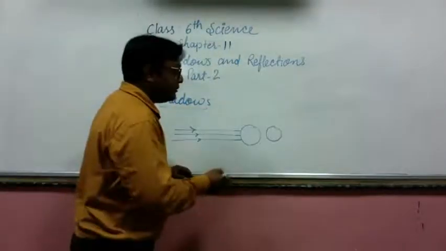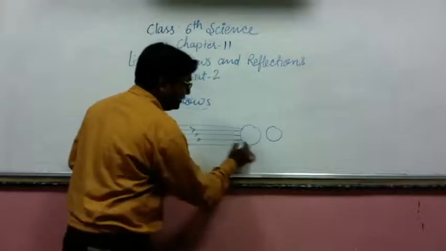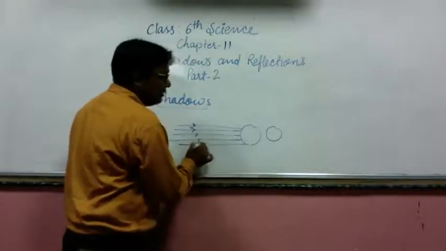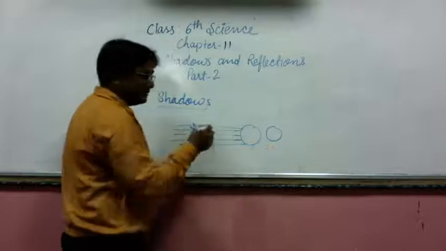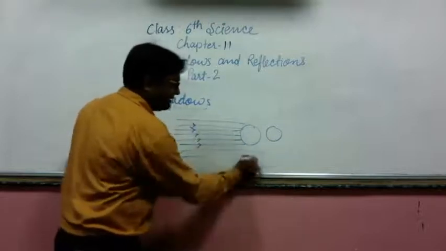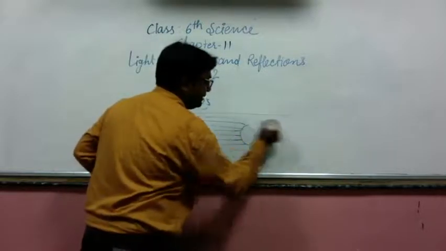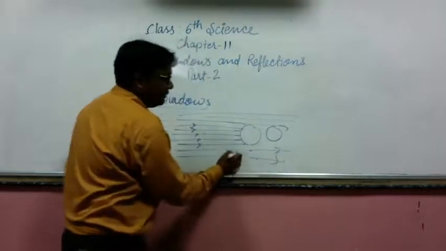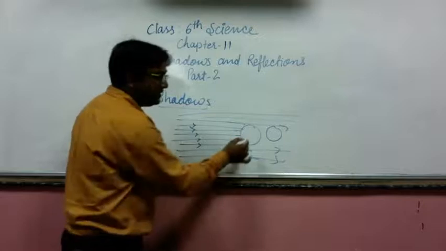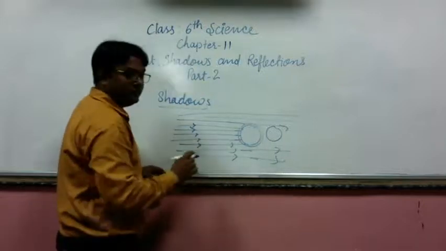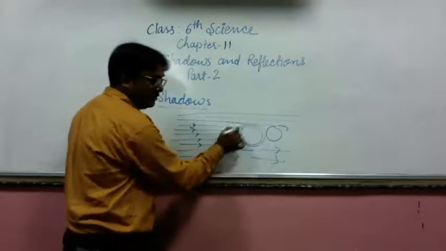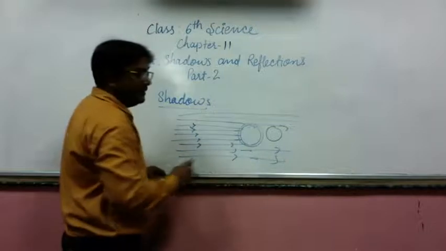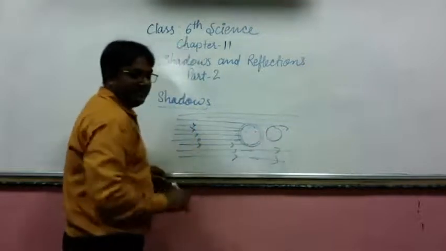If I am talking about the light rays as they fall on it, what will happen? It is forming two regions. Many light rays are coming. These are going to be parallel. So here you will find that the light rays which are not able to pass through the ball form a shadow at the back side.